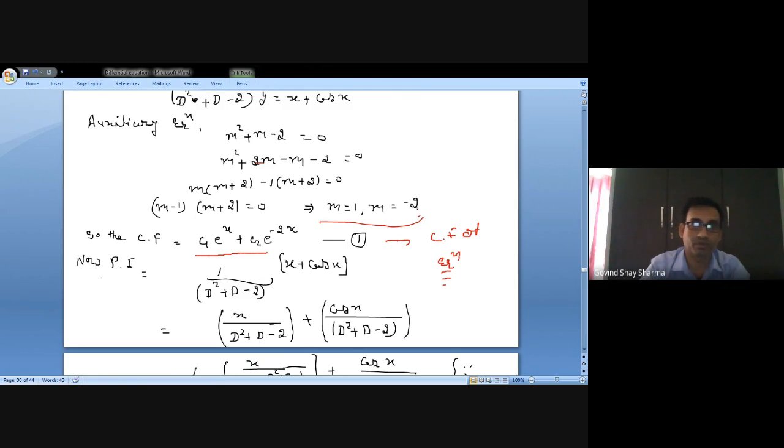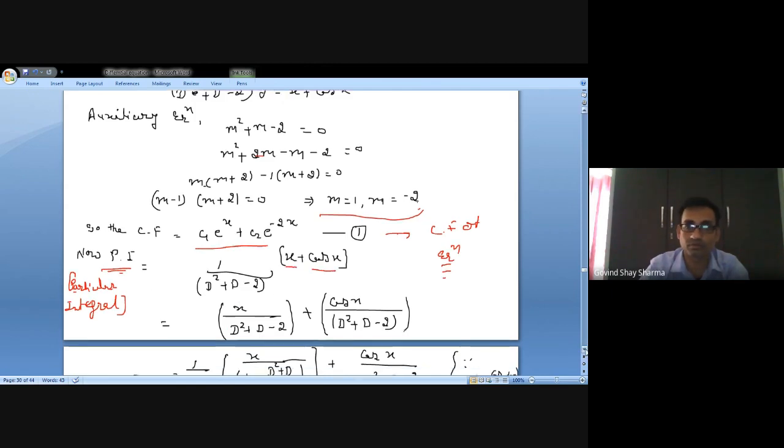Now, part of PI. PI means particular integral. So, 1 upon d square plus d minus 2 of x plus cos x. So, this becomes x. We separate the parts.